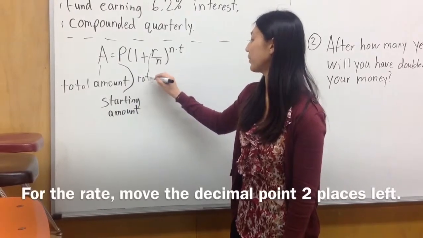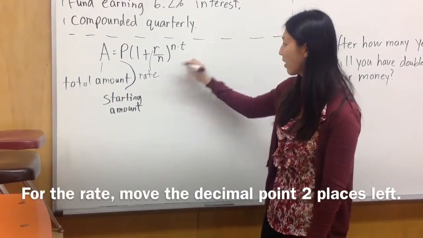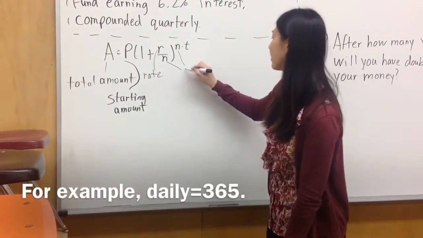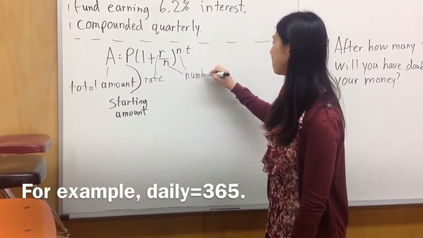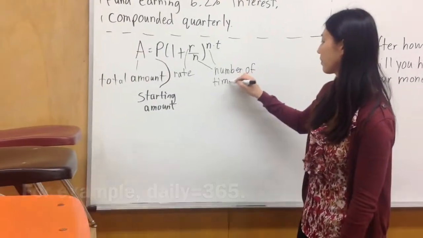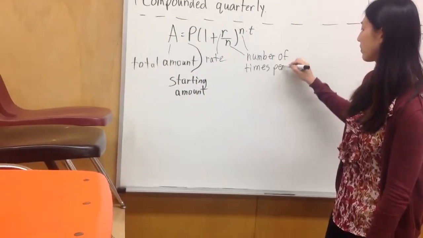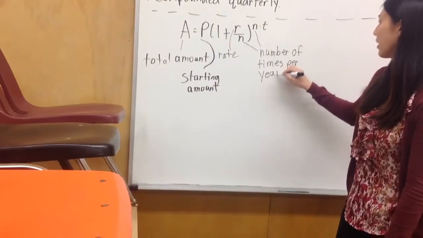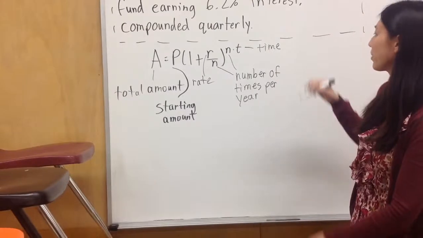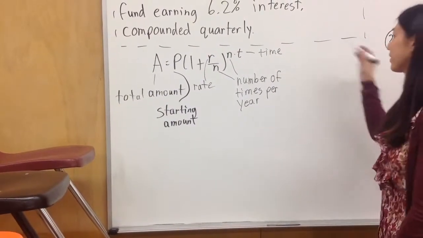It's the interest rate that we use. And here, N is the number of times per year. Alright, and T is the time. We're measuring this time in years.